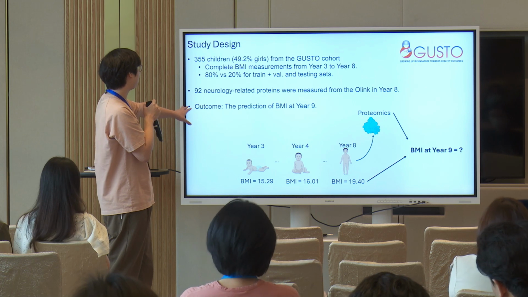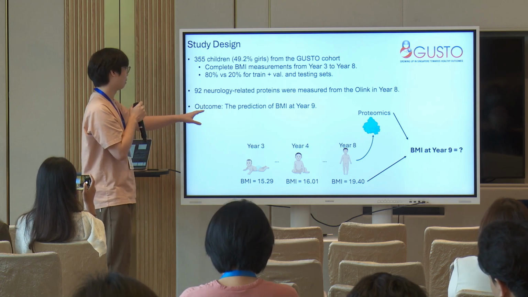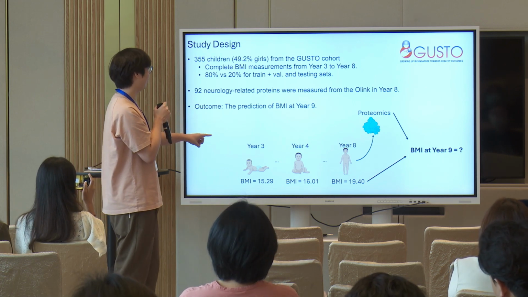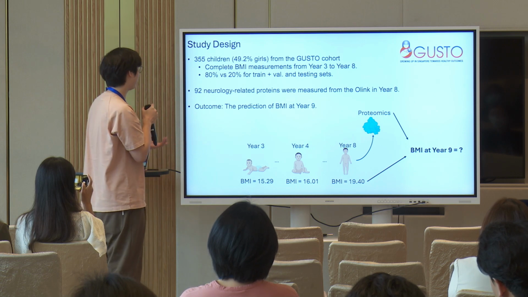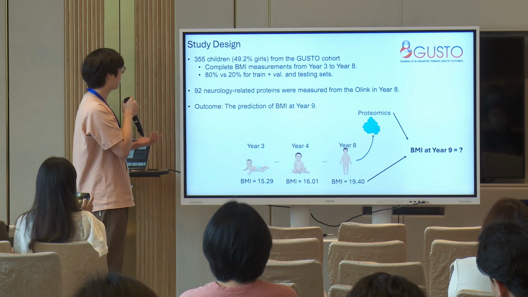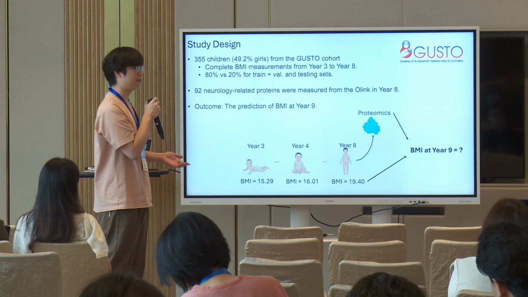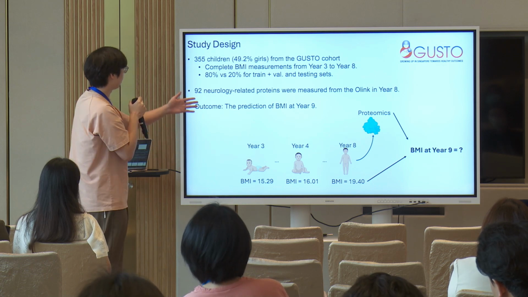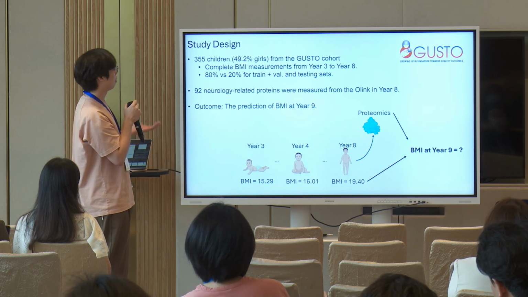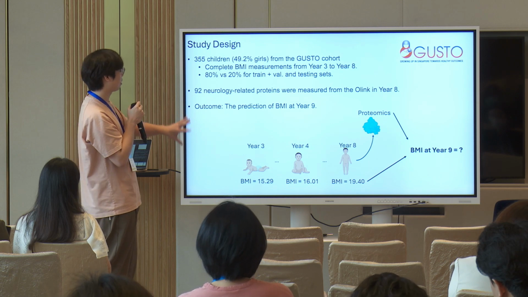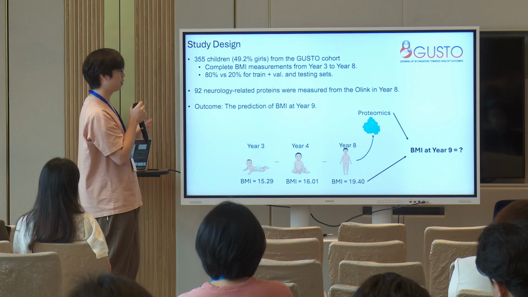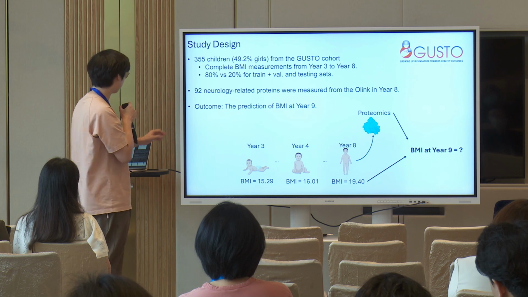This proteomics comes from 92 neurology-related proteins, which were measured with Olink at year 8. So our final goal of the model is the prediction of the BMI at year 9. We use the historical data and the proteomics to reconstruct their BMI trajectory and also find the future trajectories.